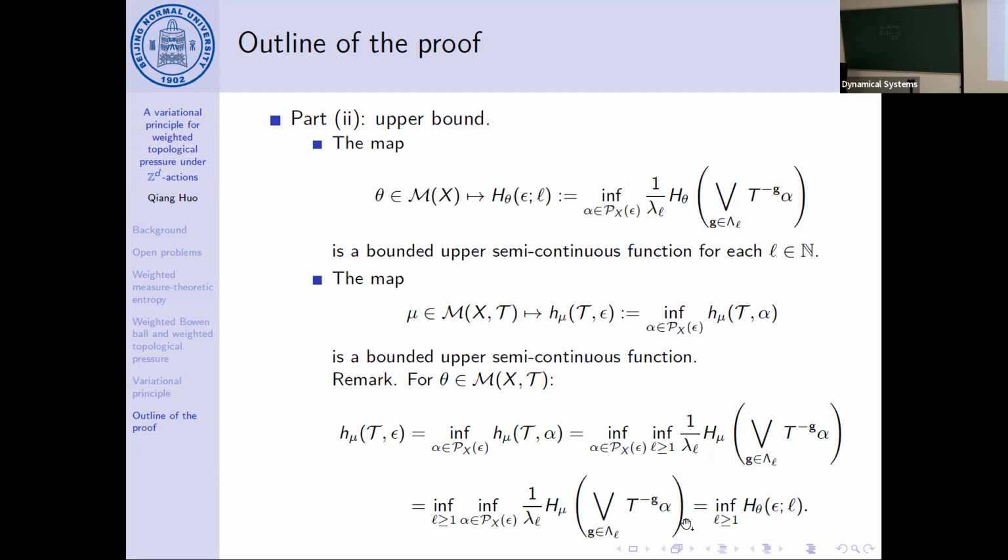This quantity is the definition of the second entropy function. If we prove the second map is upper semi-continuous, then the infimum of upper semi-continuous functions is also upper semi-continuous. We will use these three entropy functions, and we investigate their upper semi-continuity.